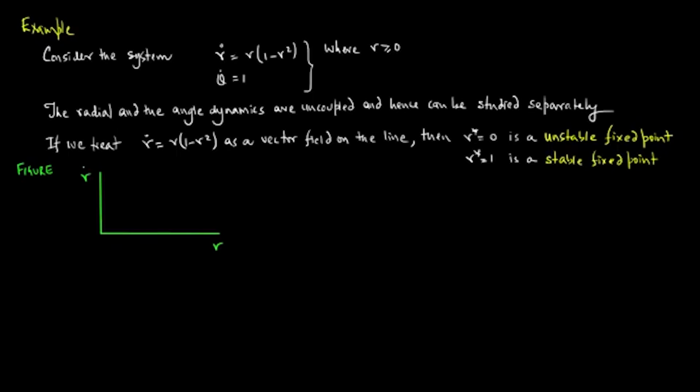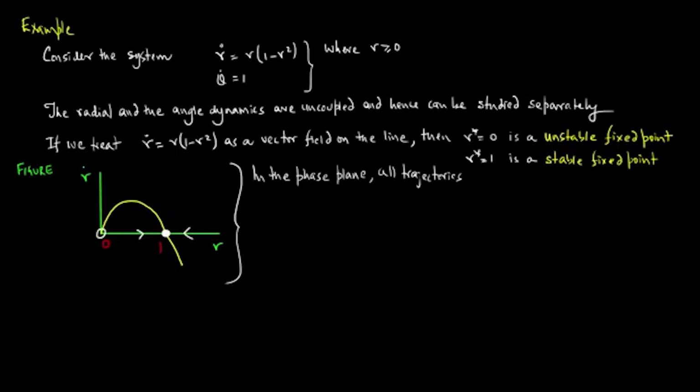So now visualize this through a figure. So we plot r dot versus r. We highlight the unstable fixed point and the stable fixed point. So that's at 0 and 1. In the plane, all trajectories except r star is equal to 0 approach the unit circle r star is equal to 1 monotonically.